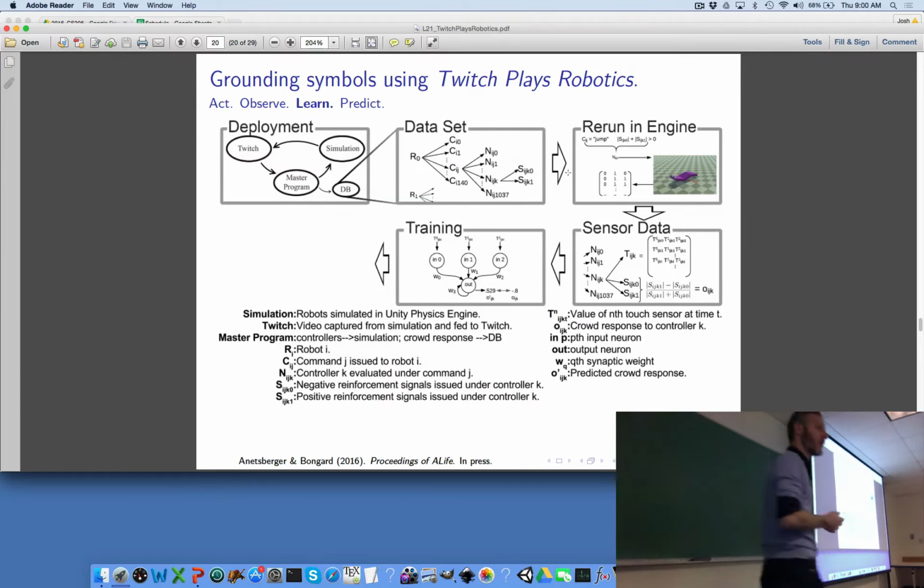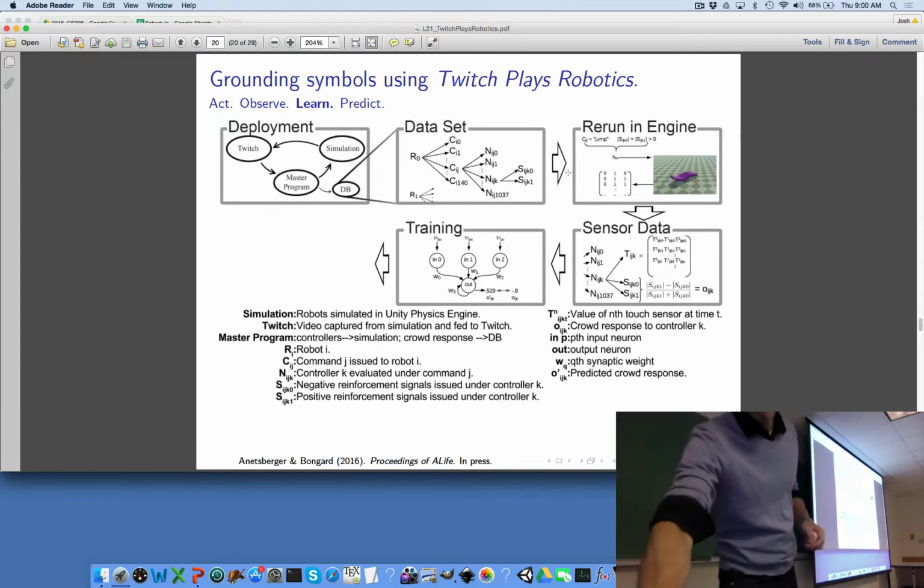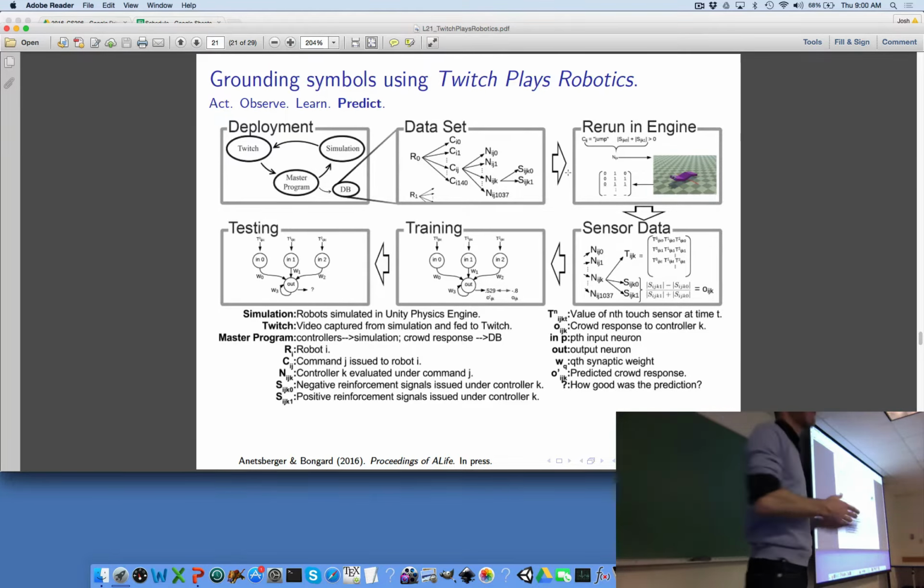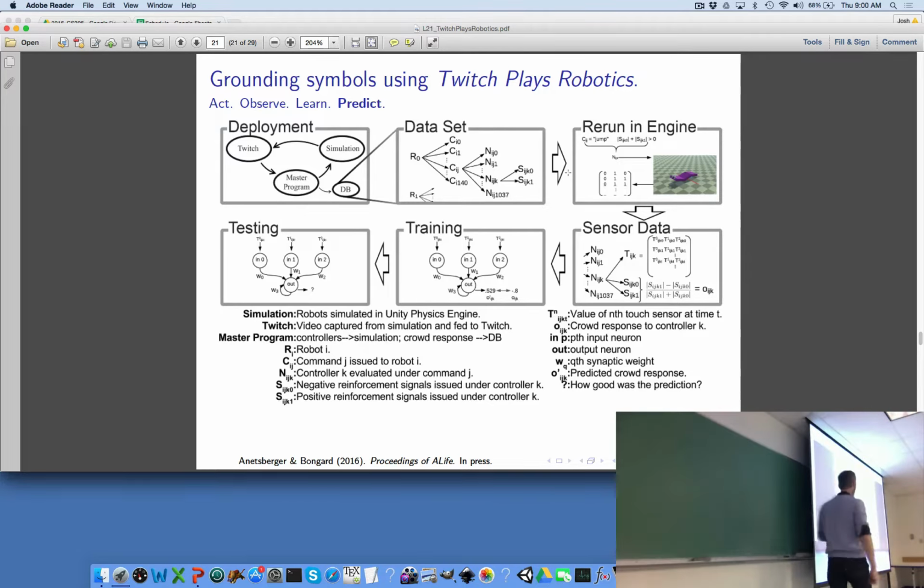When you were giving it unseen data, the other 3,000, yes. I'm confused. What are the 3,000? Are they new scenarios? We have 6,000 controllers that the crowd saw, right? And someone in the crowd gave at least one thumbs up or at least one thumbs down. There might have been 5 people that responded to this controller: 3 thumbs up, 2 thumbs down.